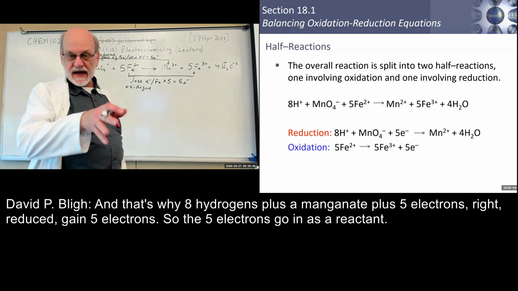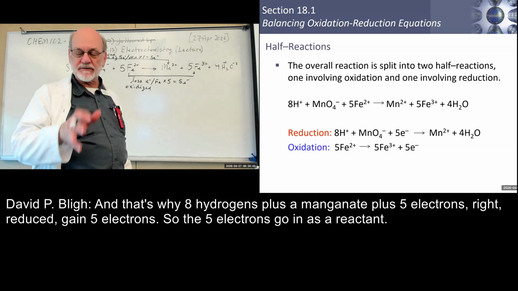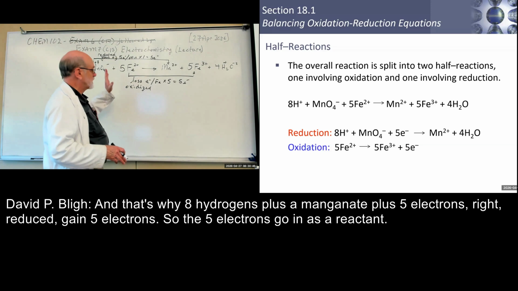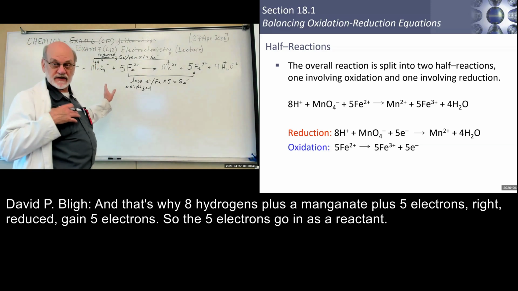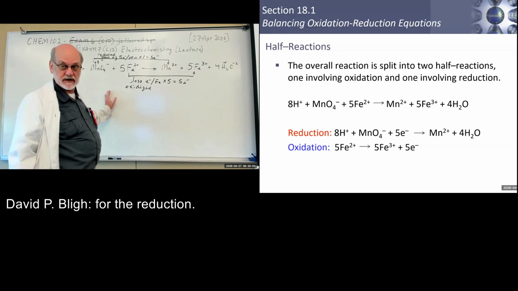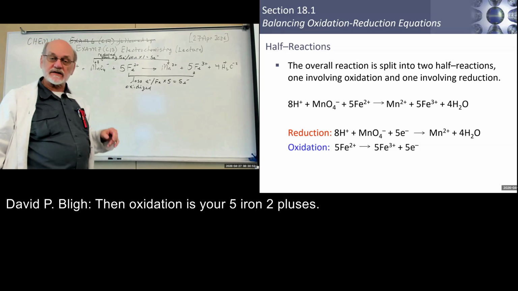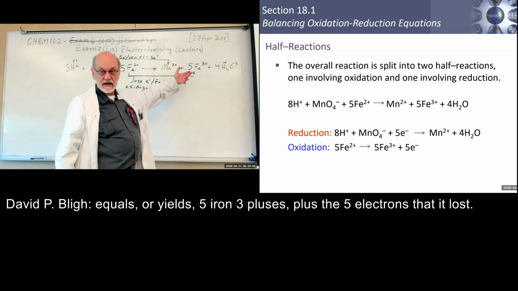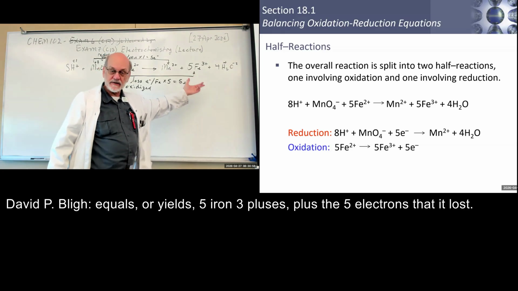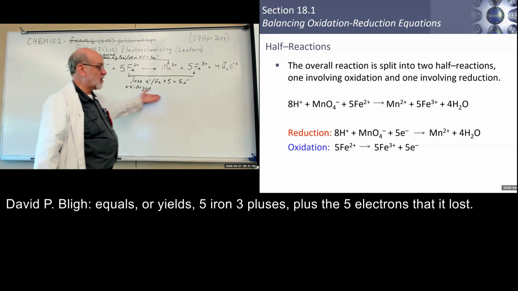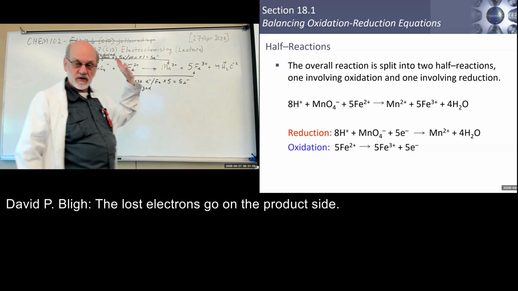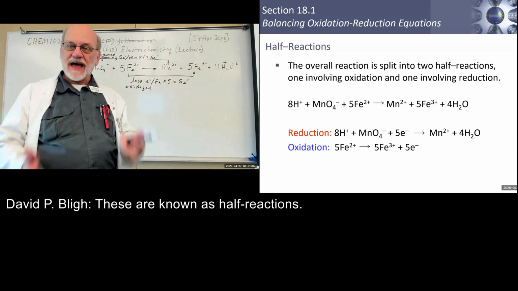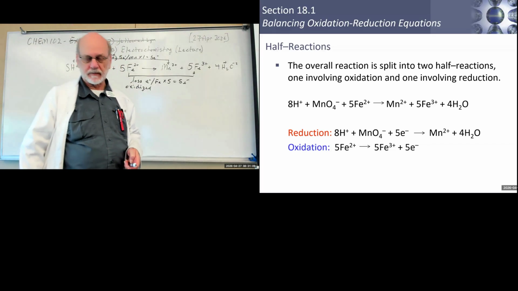That's why it's 8 hydrogens plus manganate plus 5 electrons: reduced, gain 5 electrons, so the 5 electrons go in as a reactant for the reduction. Then oxidation is 5 iron 2+ yields 5 iron 3+ plus the 5 electrons it lost. The lost electrons go on the product side. These are known as half reactions.